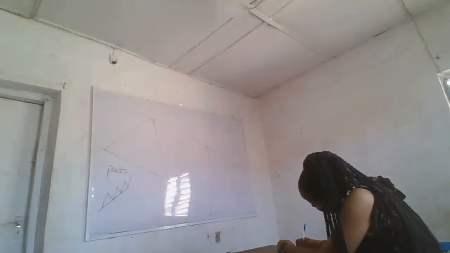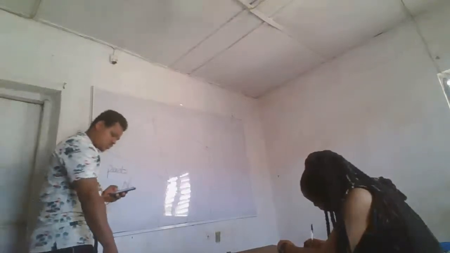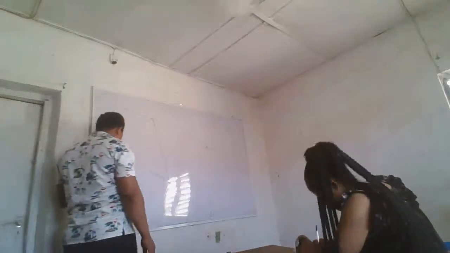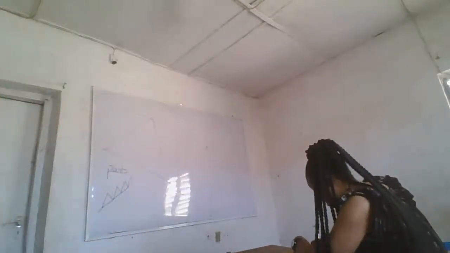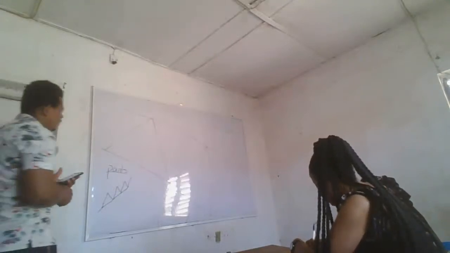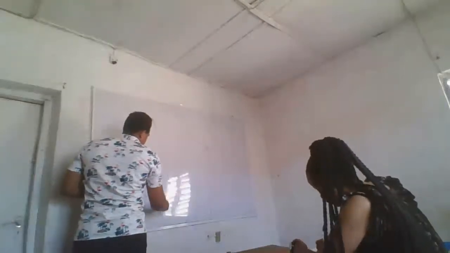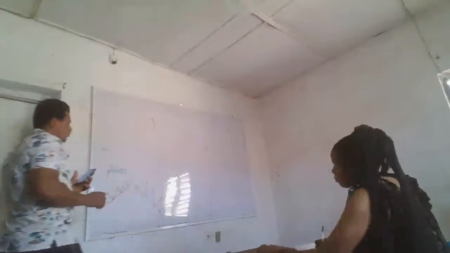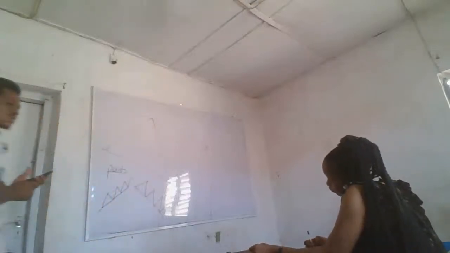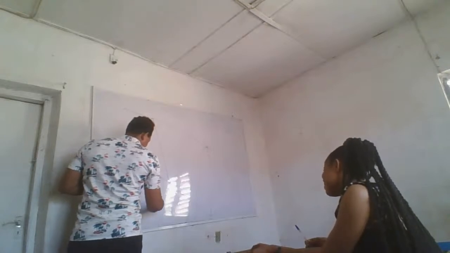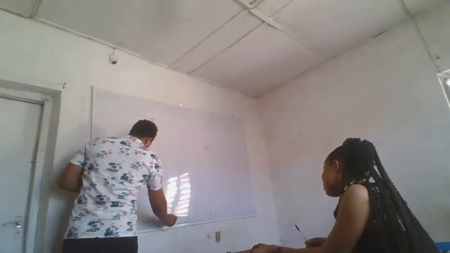Descending trend line, or down trend line. Where are you going to draw it? This is the descending trend. You need to look at it.